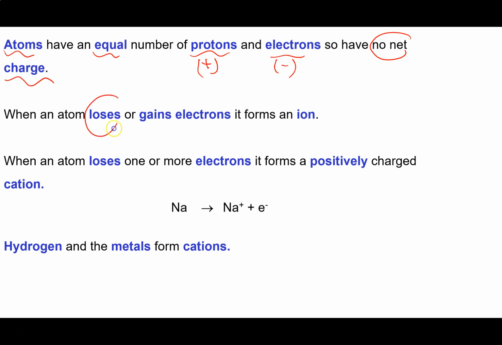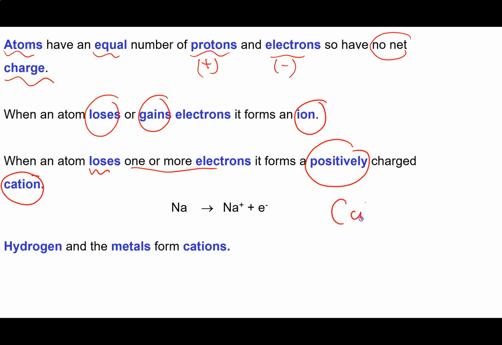Now, if an atom loses or gains one or more electrons, it forms a charged species that we call an ion. In particular, when an atom loses one or more electrons, it forms a positively charged species that we call a cation. And you can remember this, cations are, because they're cats, positive.